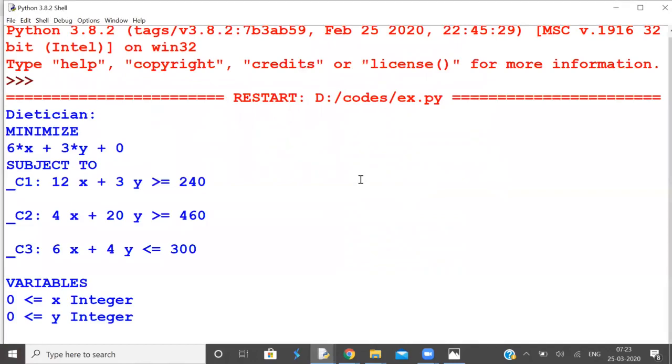So LPP is formulated. Objective function is 6x plus 3y, which is to be minimized. Constraints on calcium and iron: minimum calcium required is 240, minimum iron required is 460 units, and cholesterol should not exceed 300. X and Y both are integers with lower bound as 0.